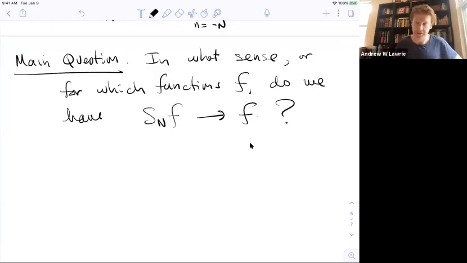I've still been vague because, as you remember from analysis, there are different notions of convergence of functions. We have the notion of pointwise convergence, and there's the notion of uniform convergence. So there are various ways we can ask this question, and we're going to ask most of them. So first, pointwise convergence.